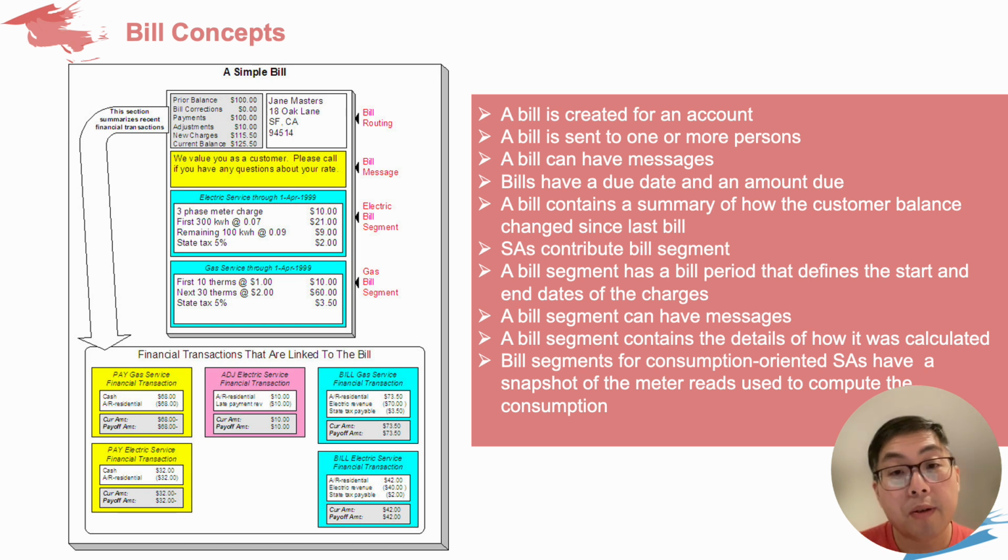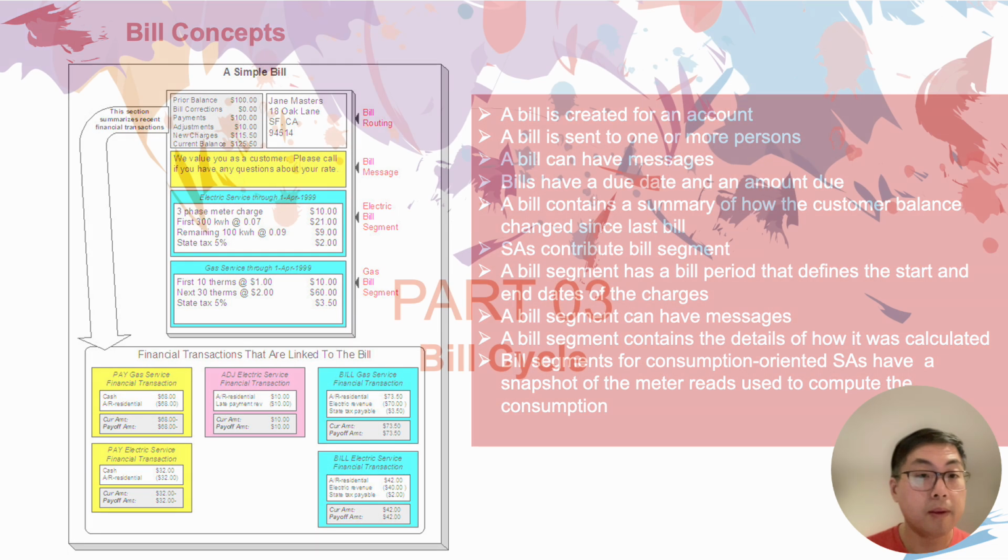The usage calculates all the consumption based on the meter reads, and all this information is reflected in the usage object related to a bill segment.